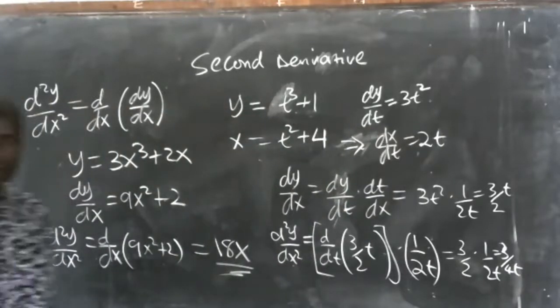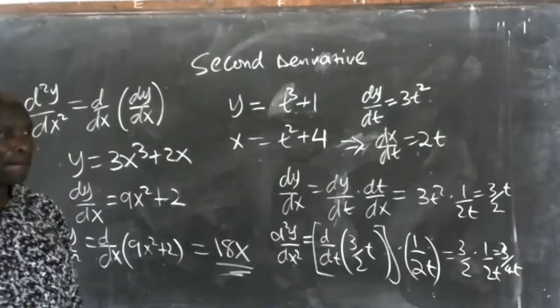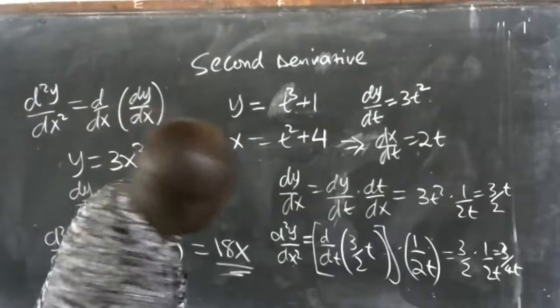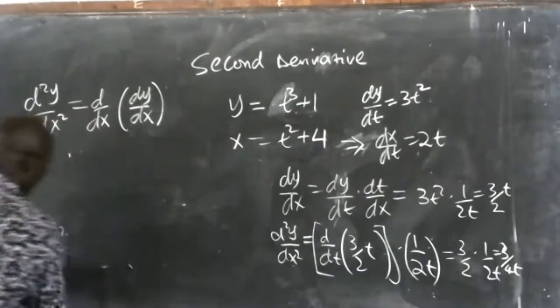That would be our d squared y by dx squared. Is that okay, ladies?